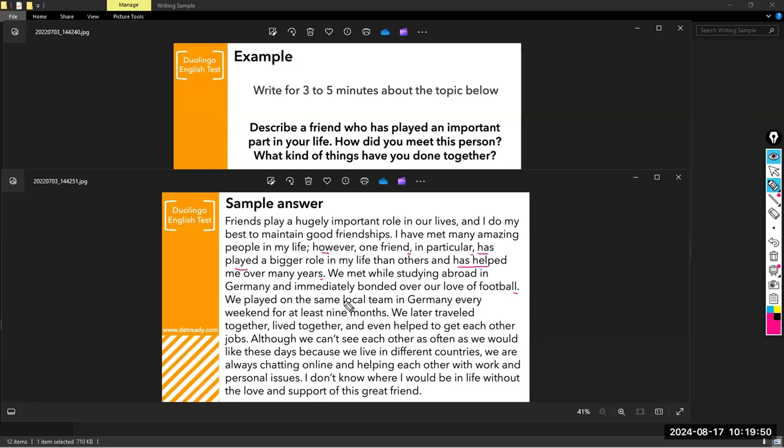We played on the same local team in Germany every weekend for at least 9 months. We later traveled together, lived together, and even helped to get each other jobs.